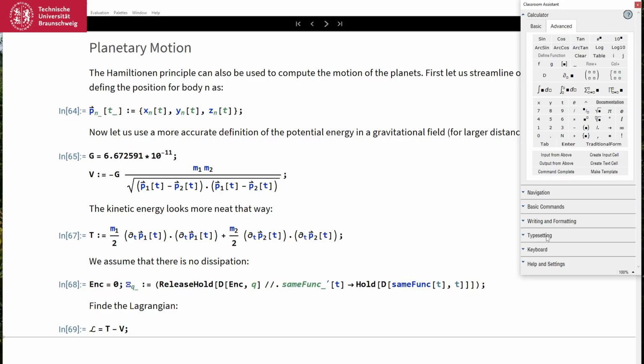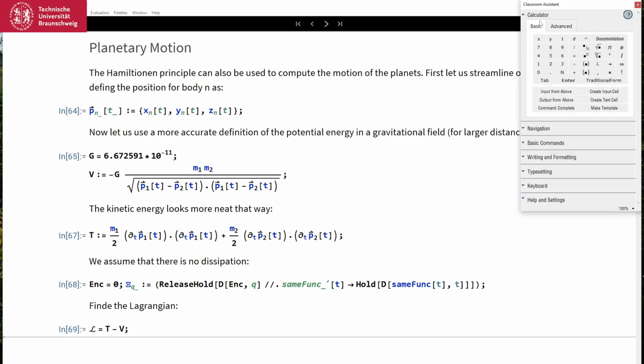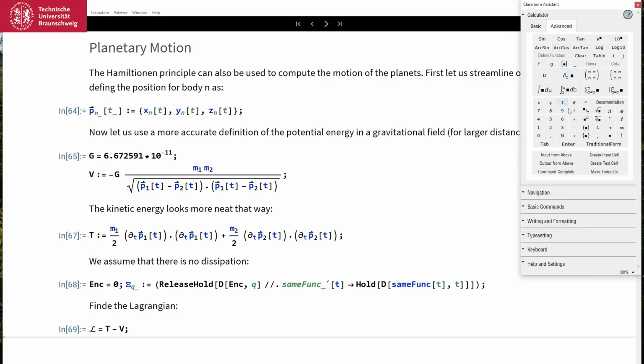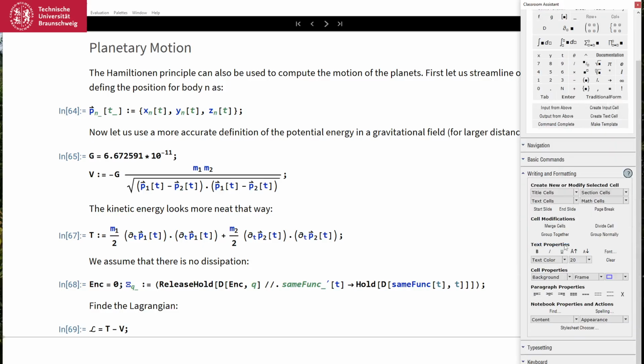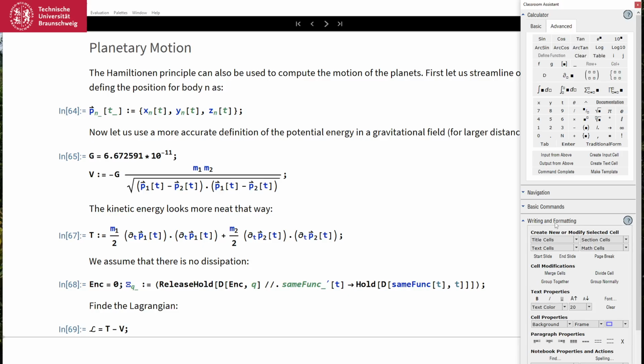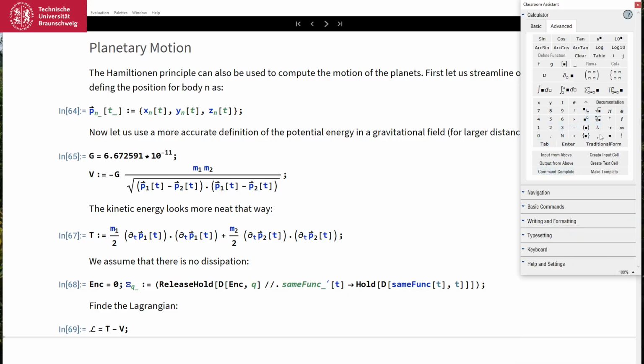And basic, advanced, calculator. Writing and formatting. Okay, now this is the help in settings. So okay, I've done this a very long time ago, and I now forgot how to write this.